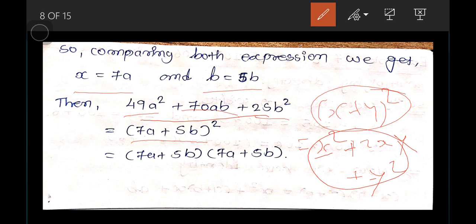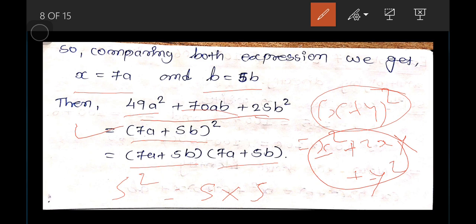So we can write this bracket two times as (7a plus 5b) into (7a plus 5b), as we know that the square of any number is that number multiplied two times. If 5 square, then we can write 5 into 5. So easily we can write (7a plus 5b) square is equal to (7a plus 5b) into (7a plus 5b).